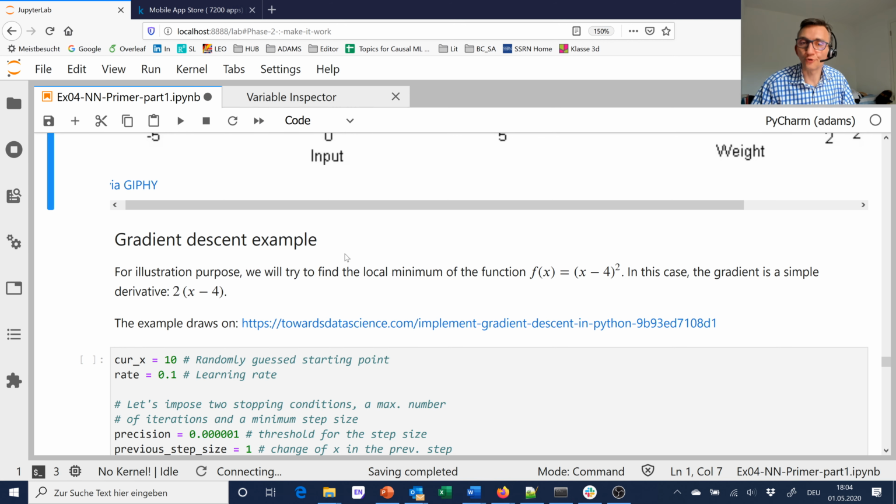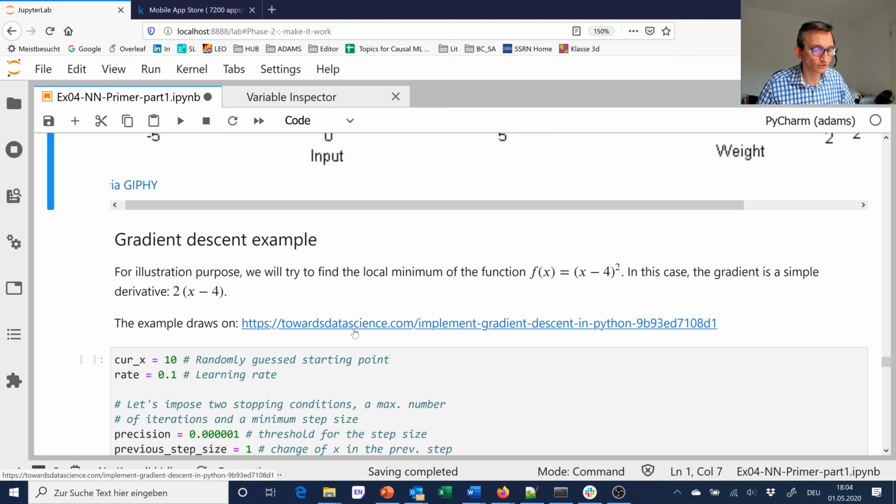And if you are a bit unsure about gradient descent, I left one example where we are not using gradient descent to train a neural network, but instead use gradient descent to optimize a very simple function, just this quadratic function.